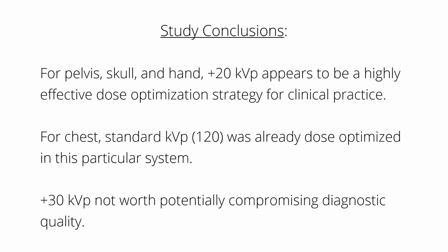For a chest, however, the standard kVp was already dose optimized in this particular system, and they were using 120 kVp, which is already on the higher end, particularly for a portable. And finally, increasing the kVp by 30 is not worth potentially compromising diagnostic quality. So you can think about some of the detrimental effects of a kVp that is too high, what that could do to the image.